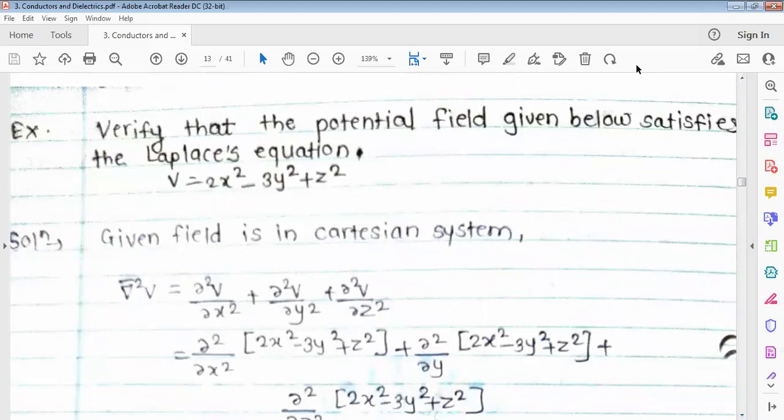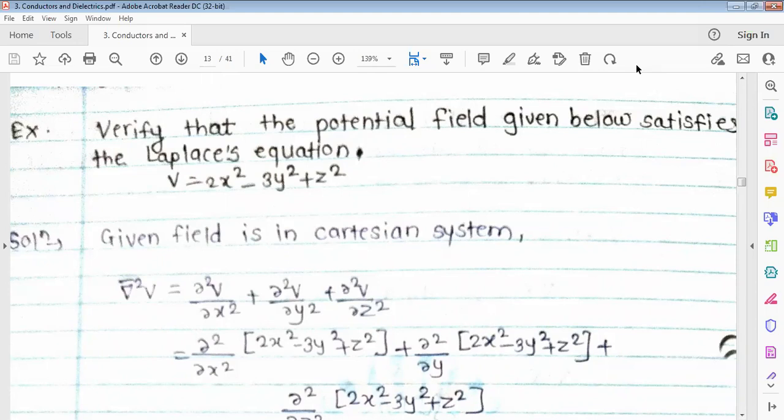Verify that the potential field given below satisfies the Laplace's equation. For this purpose, you should know the Laplace's equation, that is del square V is equal to 0.